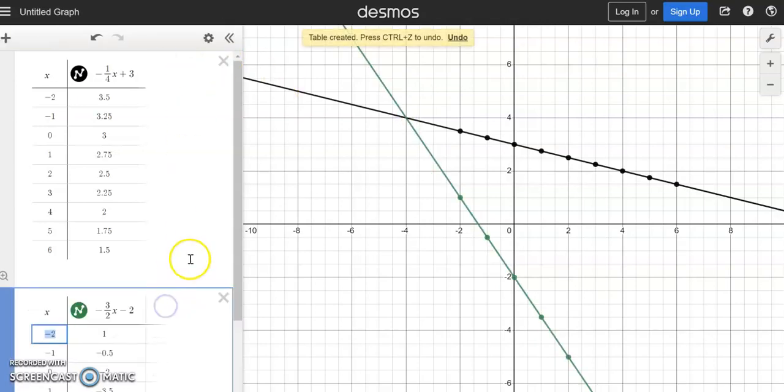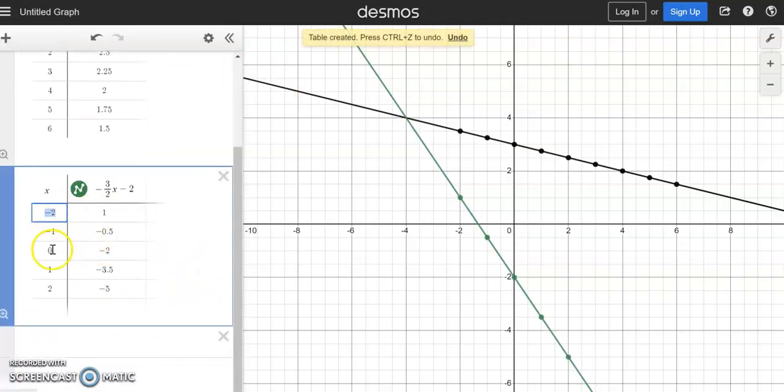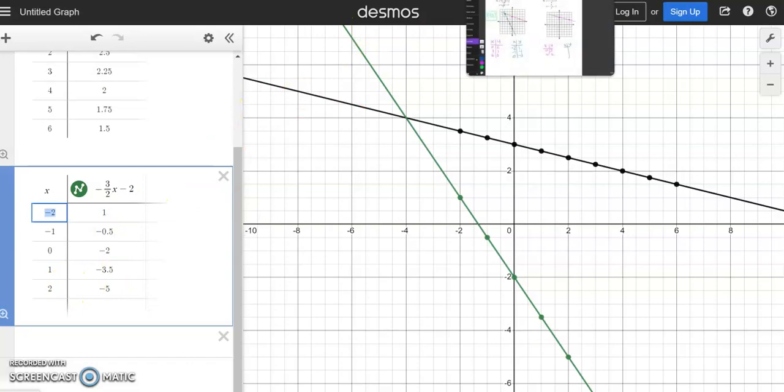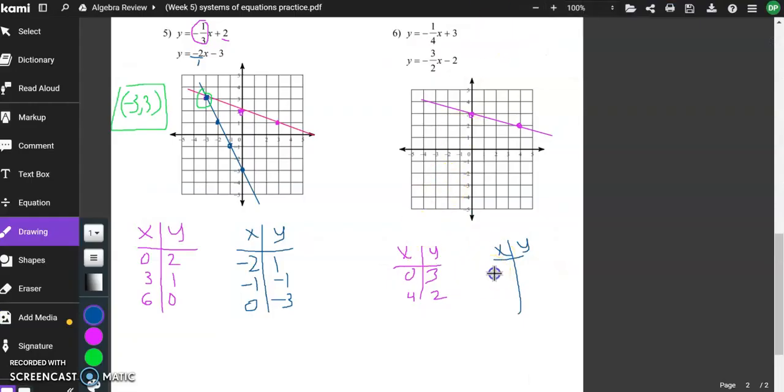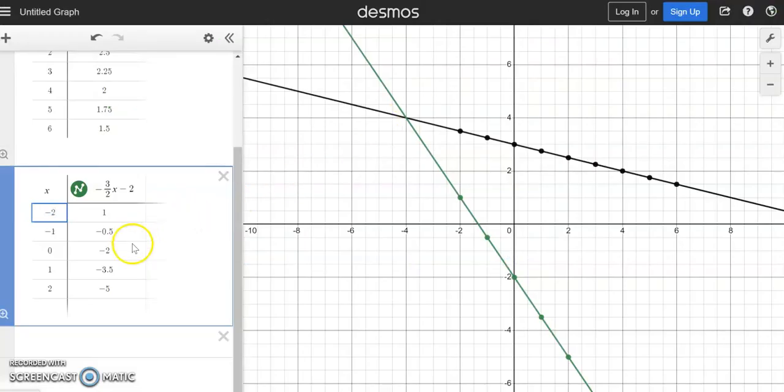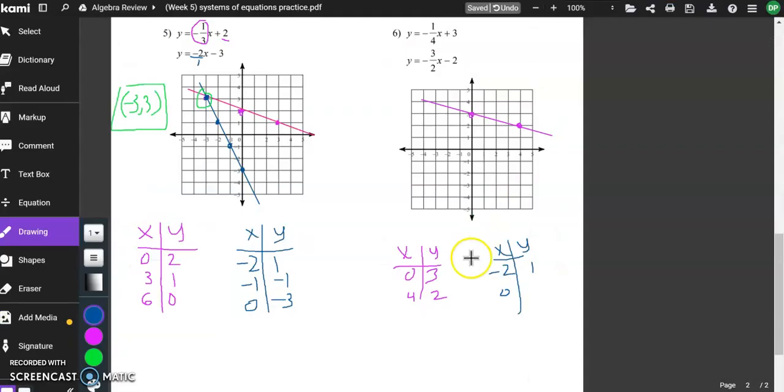So, make ourselves a table, get some good points: negative 2, 1, 0, negative 2, and then 2, negative 5. So again, we've got one right here, one right here, and where was it?